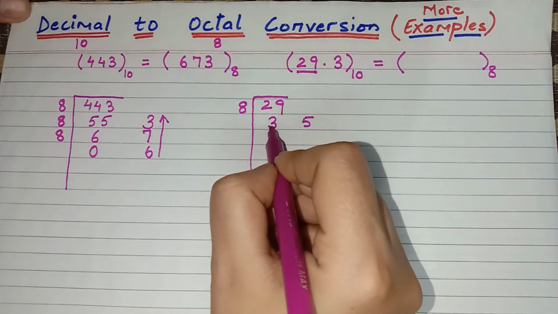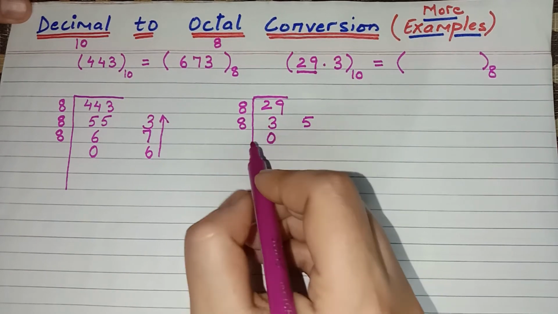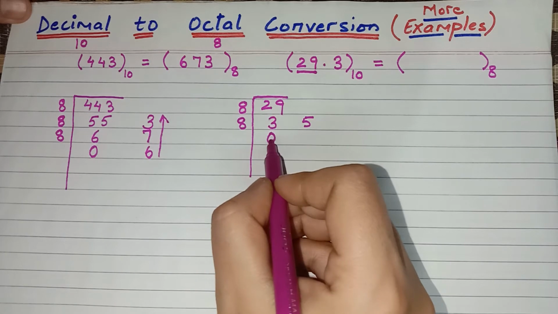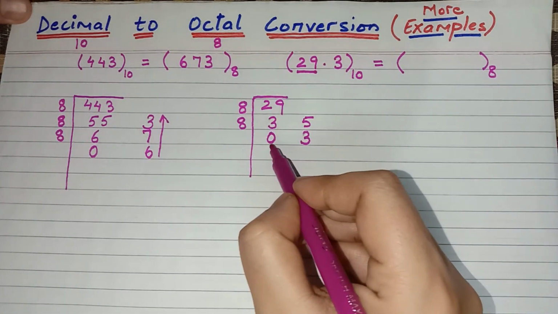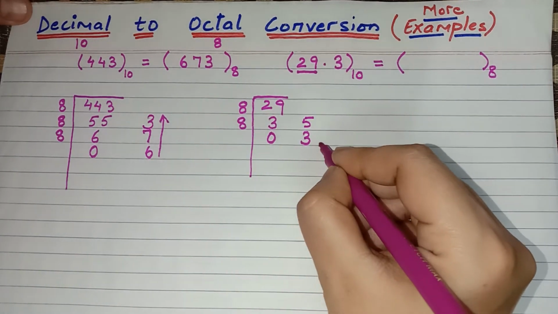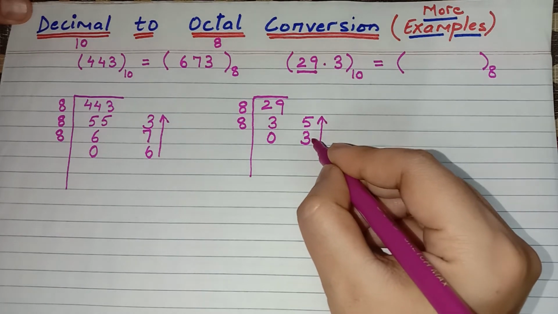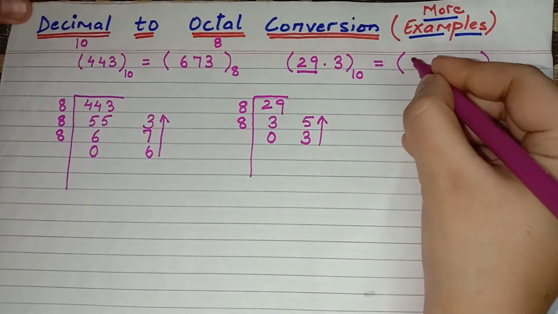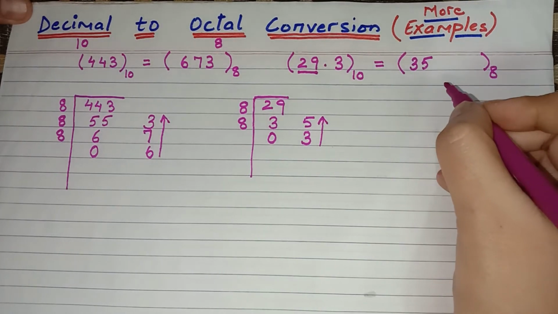Again divide this 3 by 8. I will be taking here 0. 8 zeros are 0 and the remainder is 3. As we have got here the 0, that means we have done with the division. The result will be taken upwards. So the result is 3 5. I have written it in the result.